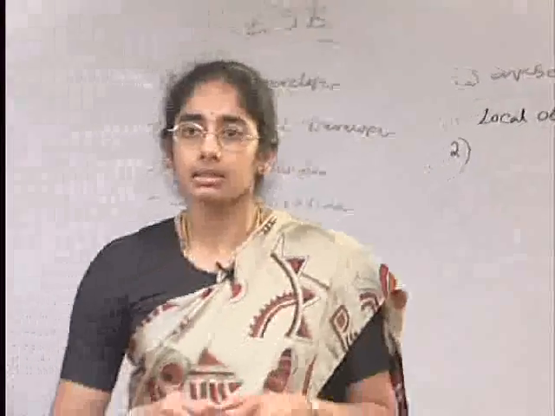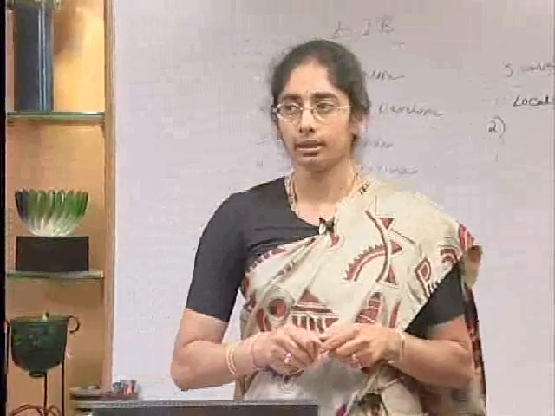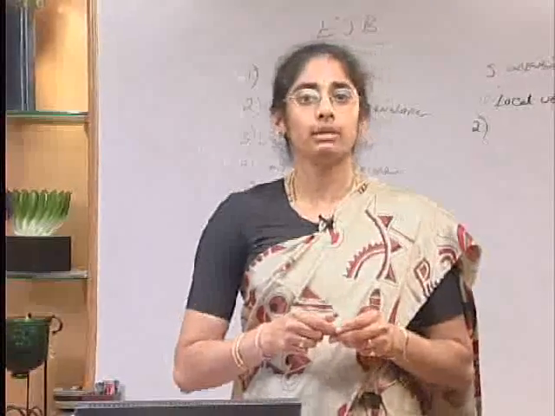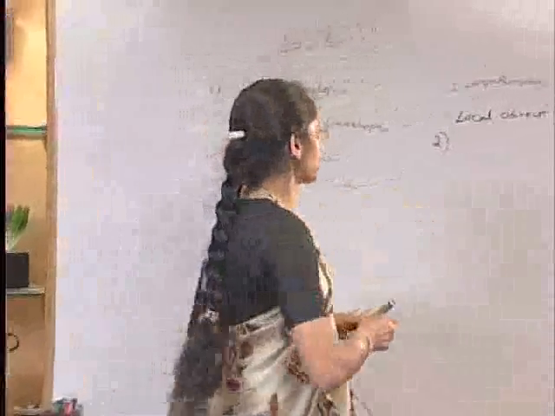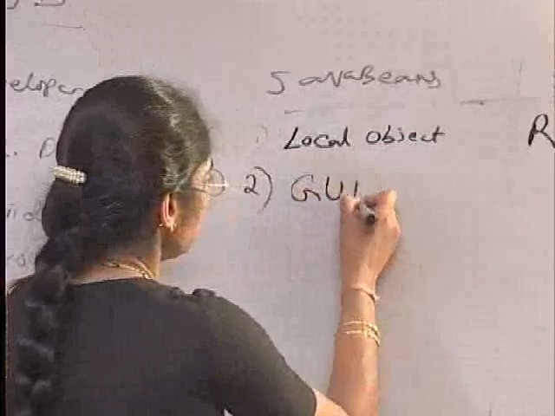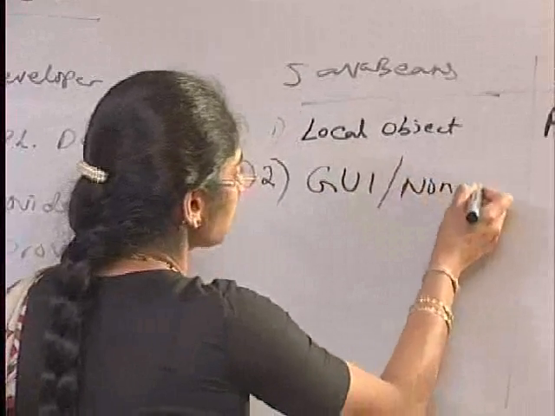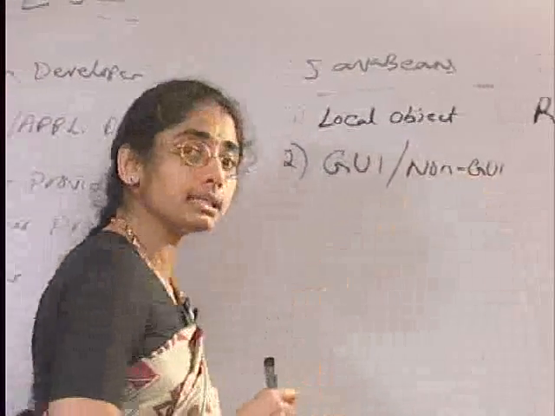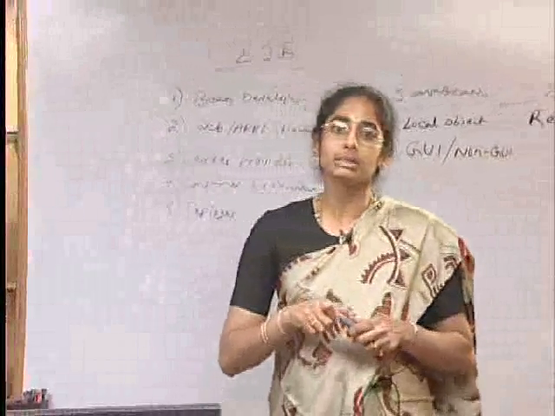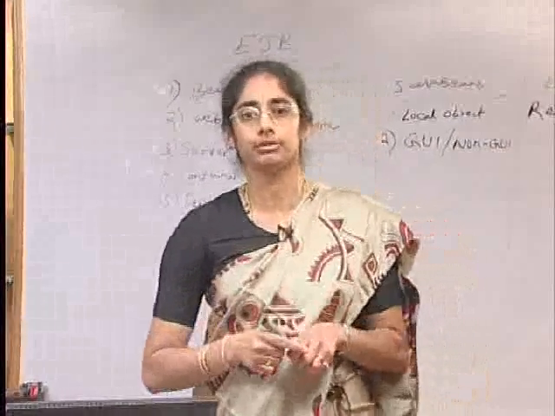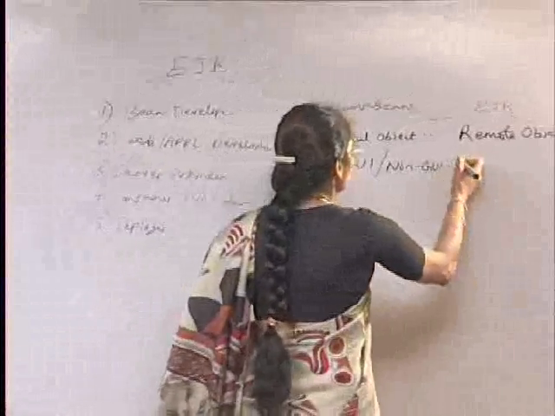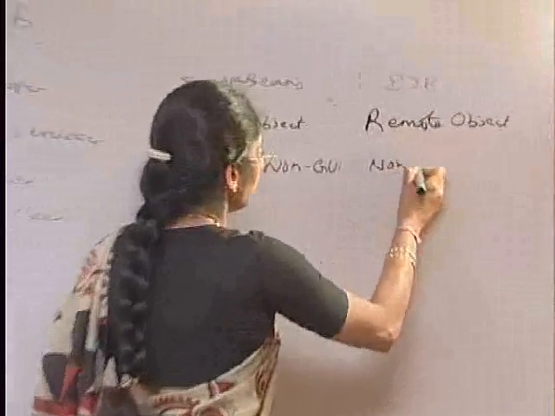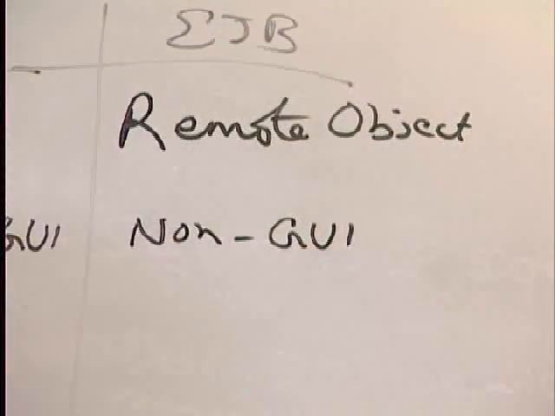Another difference is, we have already seen that a Java bean can be UI based or non-UI based, that is either a GUI based or a non-GUI based component. Whereas enterprise Java beans, as they reside in the middle tier, that's at the server, are always non-GUI based components.